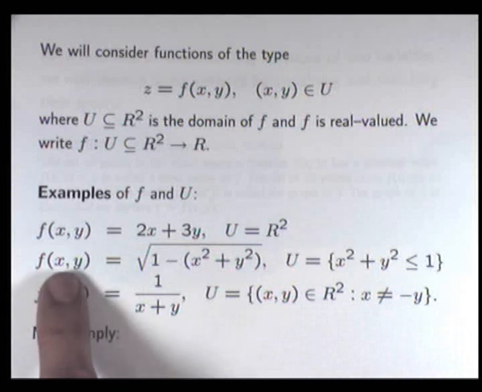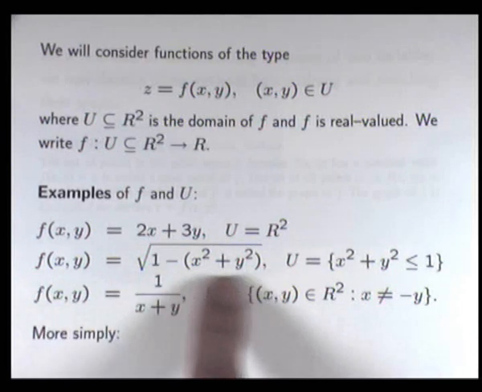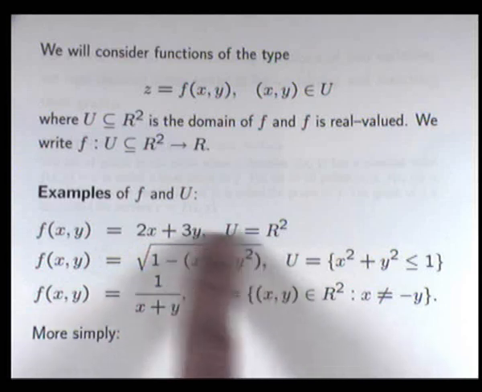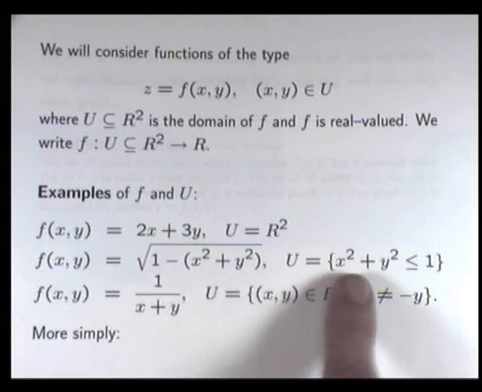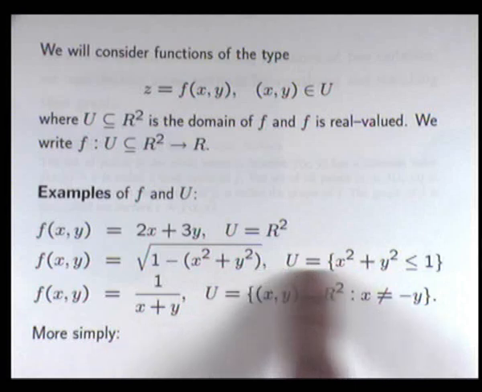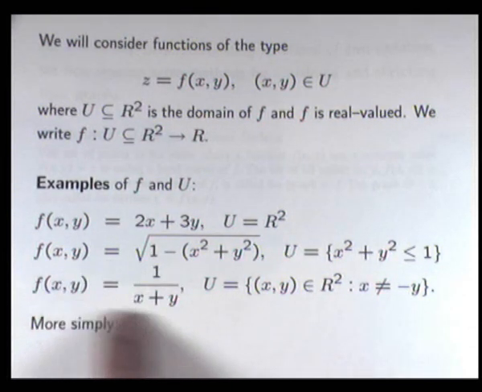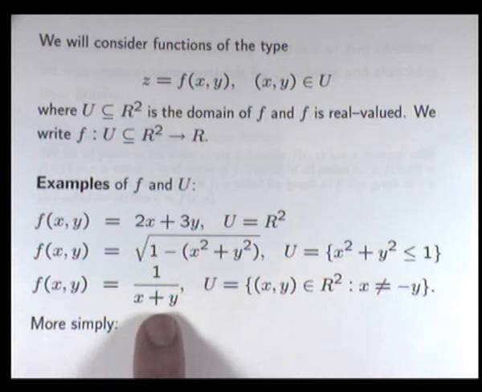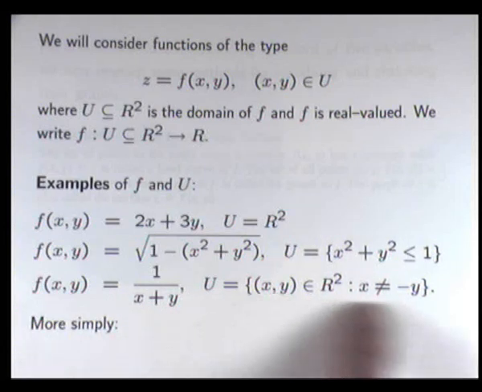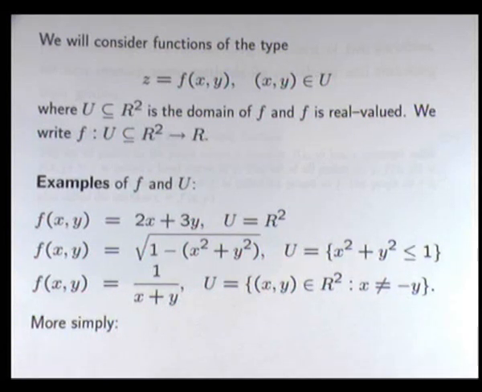Here's another example of a function of two variables. You see here, the set of points x comma y that make this function make sense is just this set here. And finally, here's another function of two variables. In order for this function to be properly defined, we can choose any x and y such that the denominator here is non-zero, so that would be our domain.